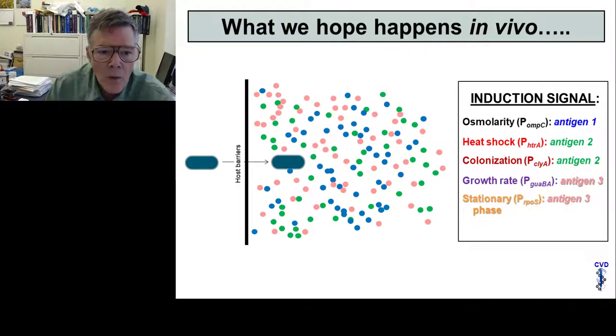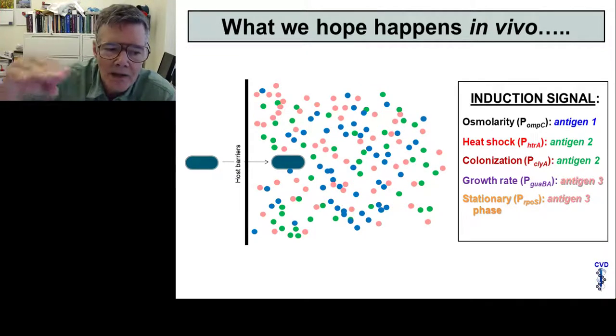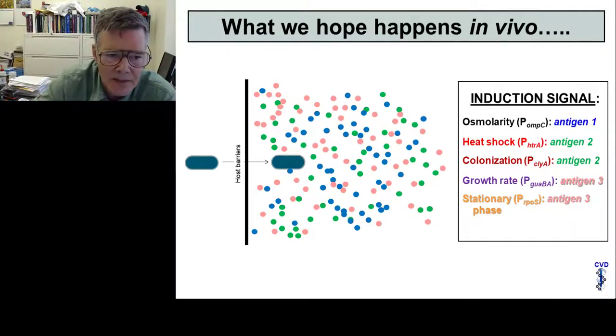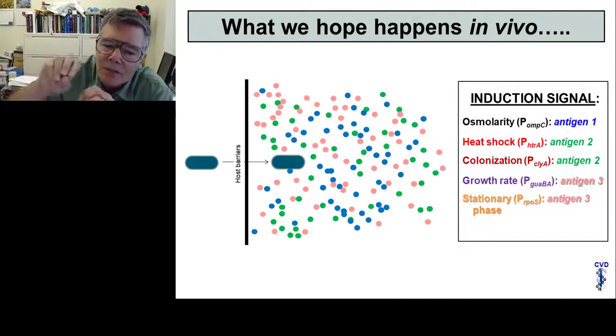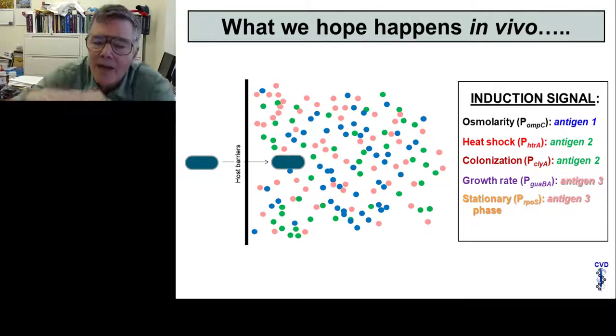What we'd really like to do is have the antigen induced at various phases of colonization that would be expected in the immunization process, so that antigens get expressed a little at a time as the vaccine strain starts to take hold and starts to reach inductive sites.